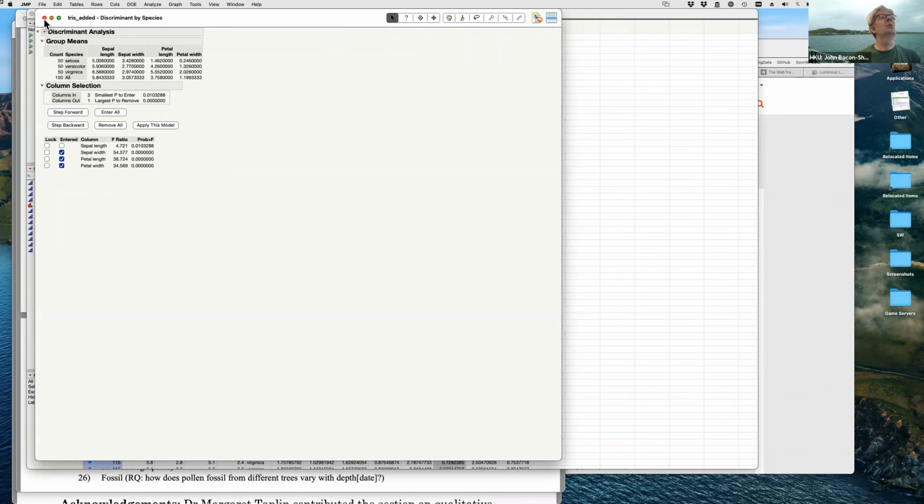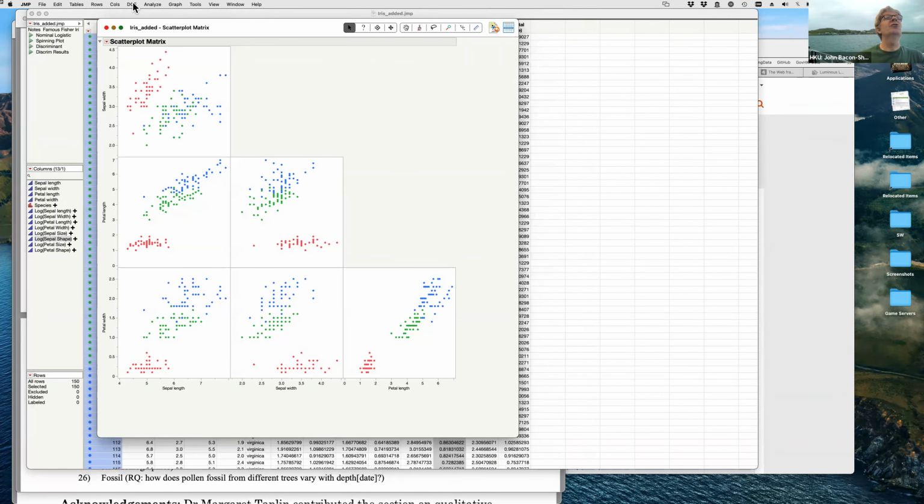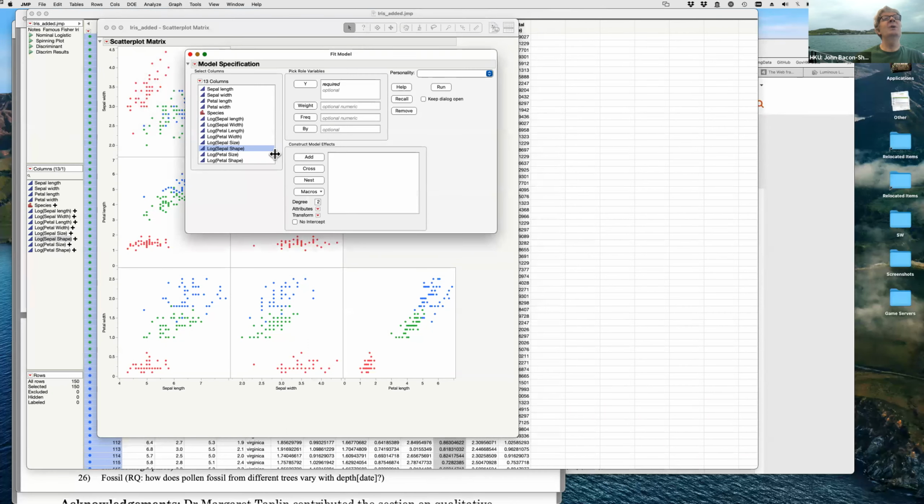Okay, so we haven't covered discriminant analysis as such. What I instead want to show you is something closer to what we were looking at before. This time we're going to say, can we predict the species from the 4 measurements? Okay, so this you will see JMP switches it to nominal logistic.